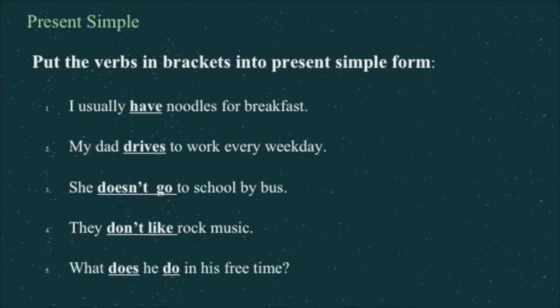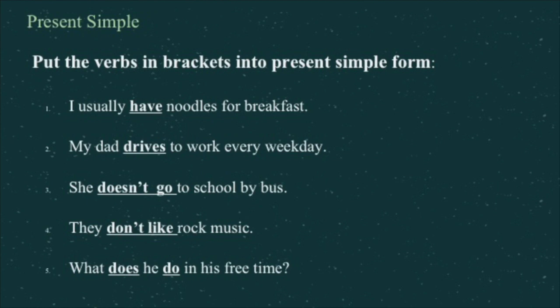Number 4, it is a negative sentence too, but the subject is they, so we will use don't plus verb pair, so we write don't like. The last one, number 5, it is a question, so before the subject he, we use the auxiliary verb does, and after the subject we use verb pair do, so we will write what does he do in his free time.